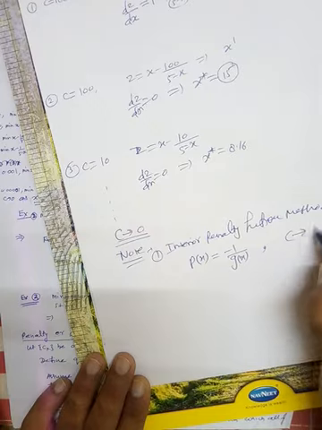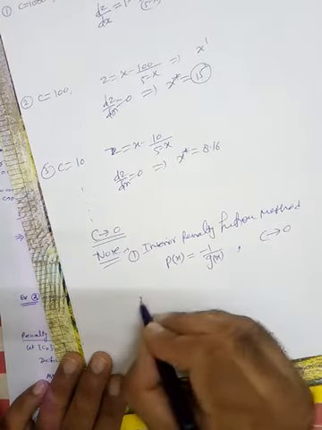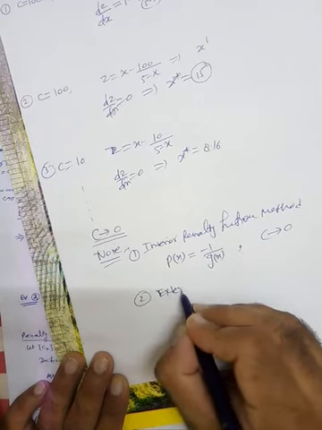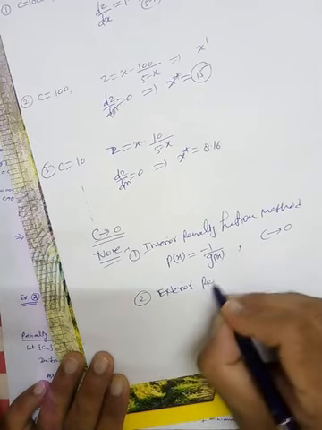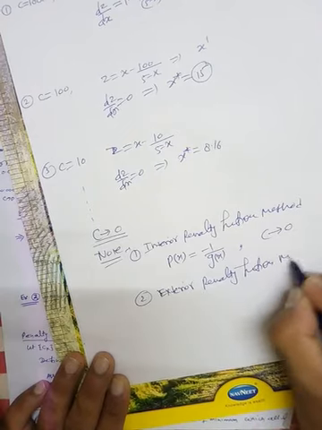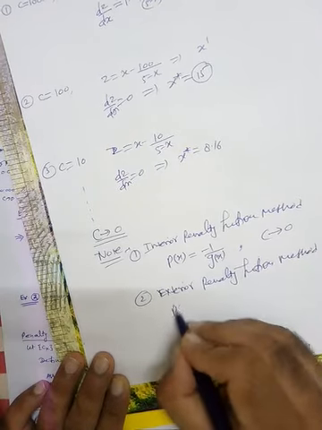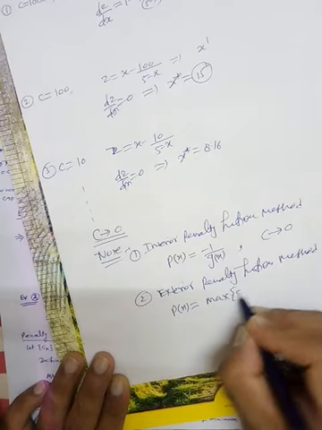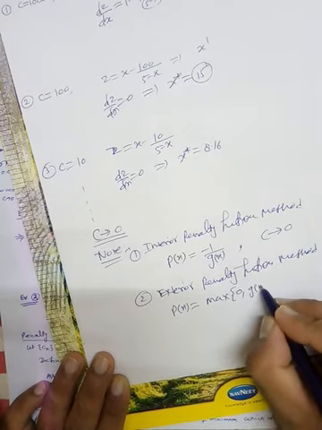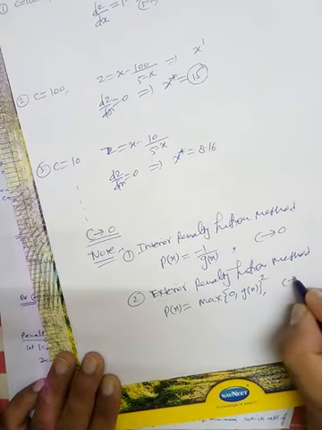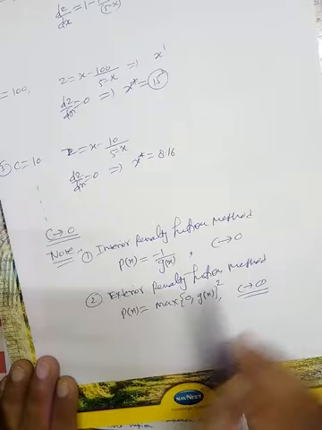Second is c tending to 0. For the exterior penalty function method, we have taken p(x) as the maximum of 0 and g(x) whole square, and here c is tending to infinity. This is the note point.